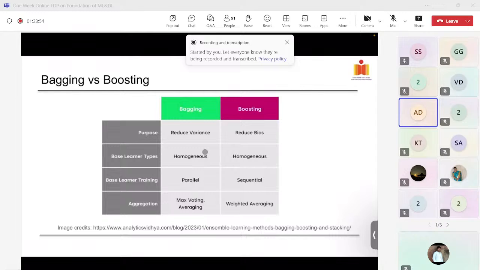It works well if it's a homogeneous classifier, like all of them are a variation of SVM, all of them are a variation of decision trees, or all of them are a variation of some other algorithm. That will be the best scenario. And like I said, bagging is a parallel process, whereas boosting is a sequential process. Usually the aggregation strategy in bagging is max voting or averaging. In boosting, it is weighted averaging.